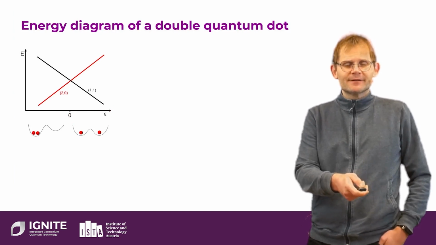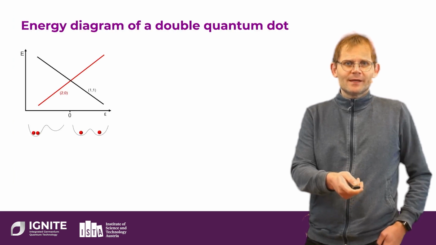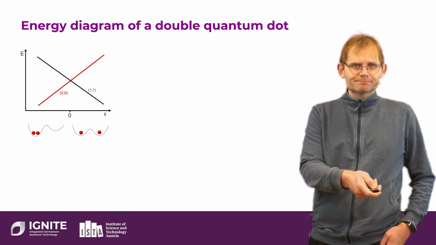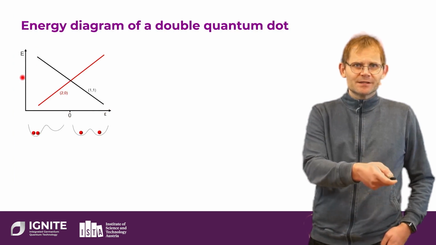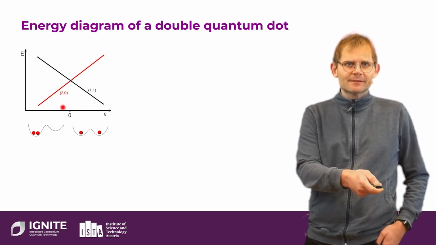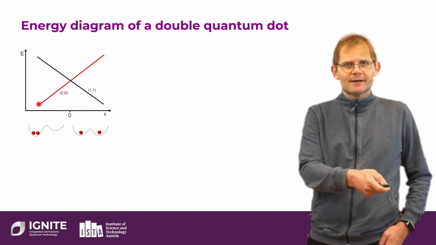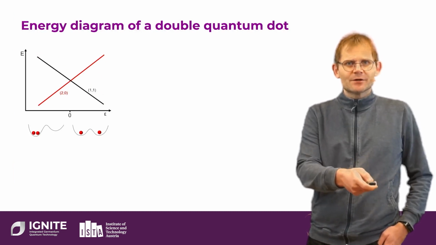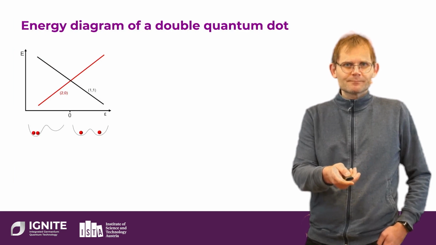So it depends effectively how we tilt our potentials defining the double quantum dot. If now you plot the energy versus this detuning parameter, in red I plot the energy of the (2,0) state, and in black I plot the energy of the (1,1) state.